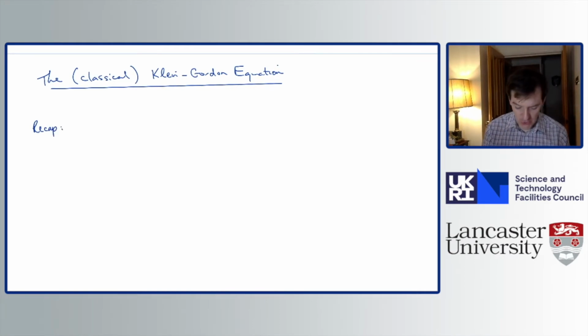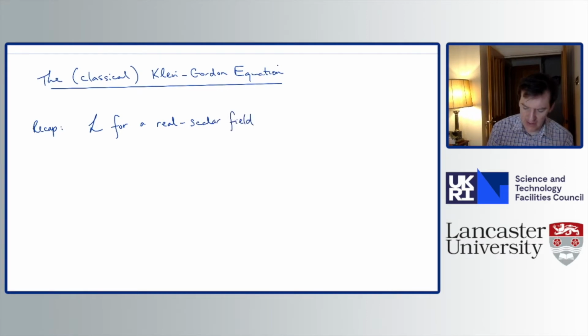Just to remind you, we said that we can get the equations of motion, or the field equations, which is what the Klein-Gordon equation is, from a Lagrangian. The Lagrangian that leads to the Klein-Gordon equation is a Lagrangian for a real scalar field.